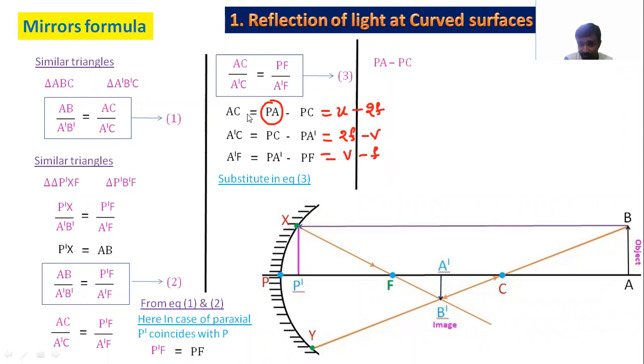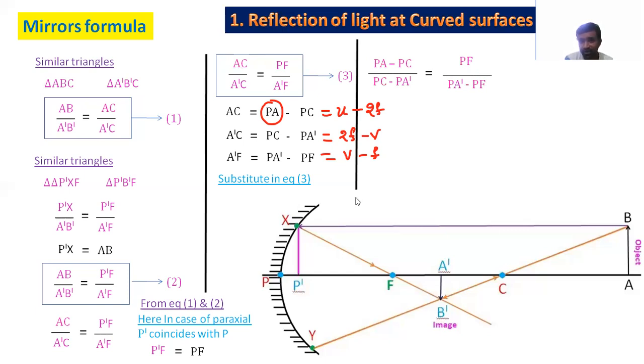So first of all, I am writing that AC is now PA minus PC, by A dash C is what? PC minus PA dash, is equal to PF, same PF, no change in that, by A dash F will be replaced by PA dash minus PF. So that is written, right? Then I know the relations here, right? What is PA?